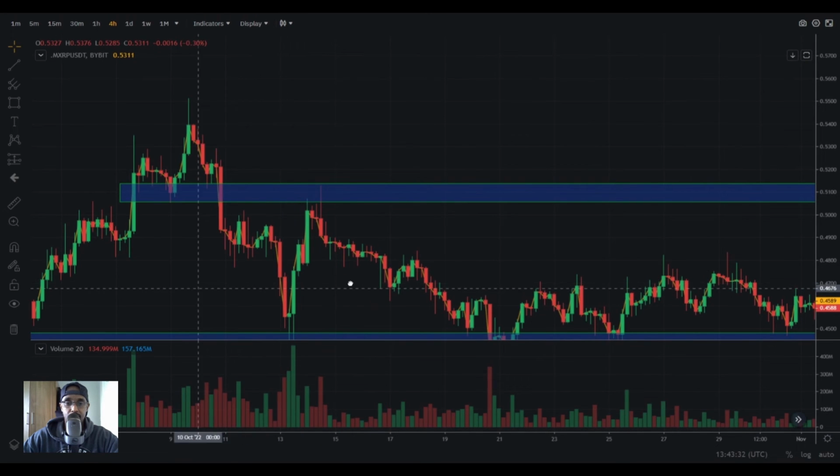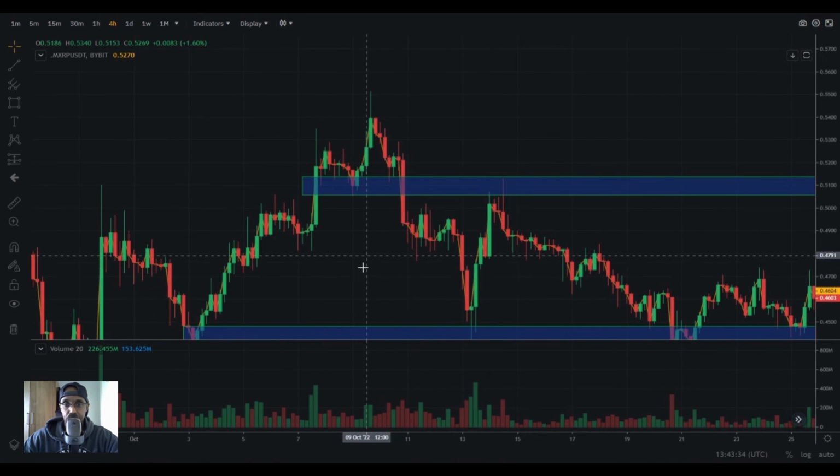Right, okay, so on the XRP, what happened back over here was basically we made this movement up. We then came back down here to create a floor, a support. We went back up again. We came back down, but this time we've broken down from the floor, making that into resistance.